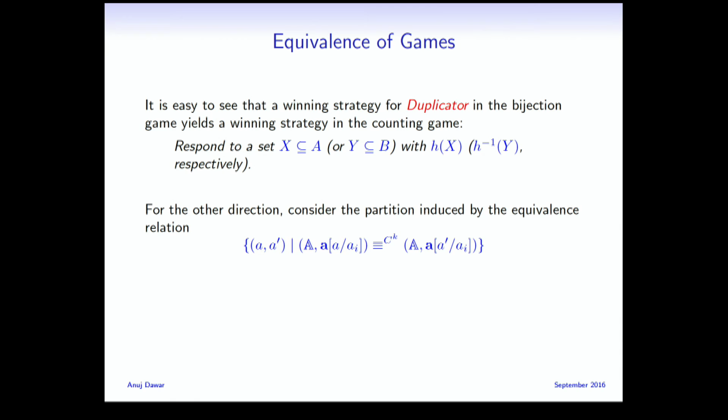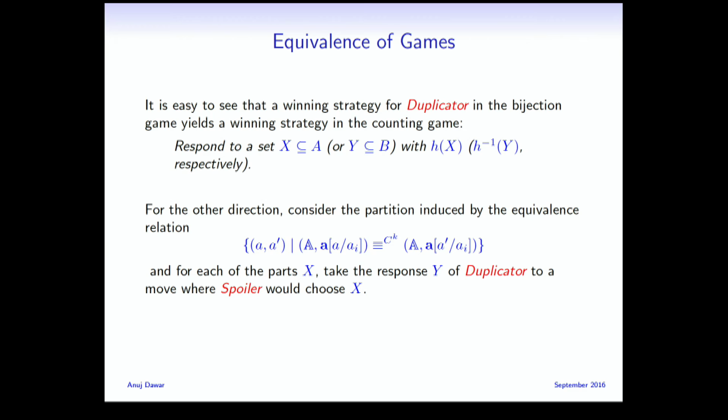Spoiler chooses I, and then what Duplicator does is look at the following equivalence relation. Namely, look at the currently pebbled positions, and look at what substituting. If substituting A for the ith position and A prime for the ith position result in CK equivalent positions, we say these two things are equivalent. Basically, these two moves are equivalent as far as the game is concerned.